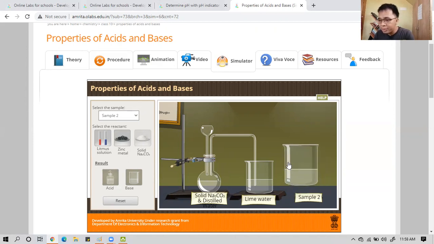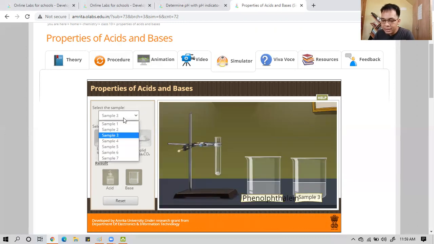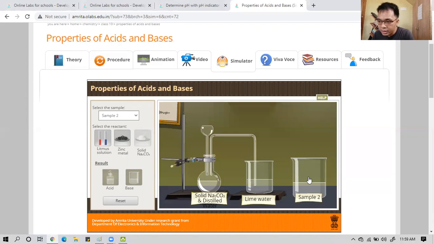Only here can we determine that it is really an acid, because the setup is different. As far as I remember, the rest are the same. But I suggest that you perform the virtual experiment here to familiarize and master it when you perform the actual one. So, let's mix our acid with sodium carbonate. If you notice, a gas also evolved. And you notice that our lime water changed color.